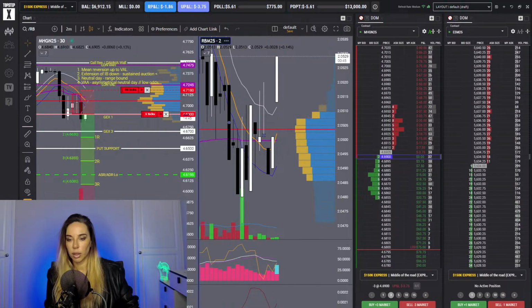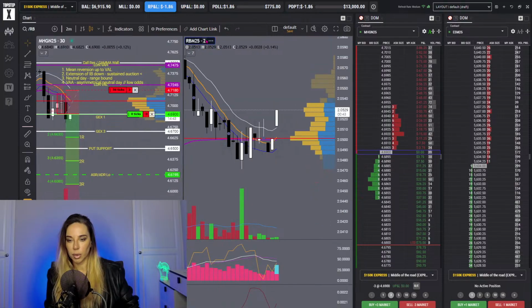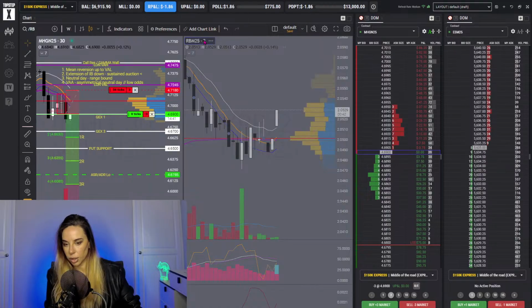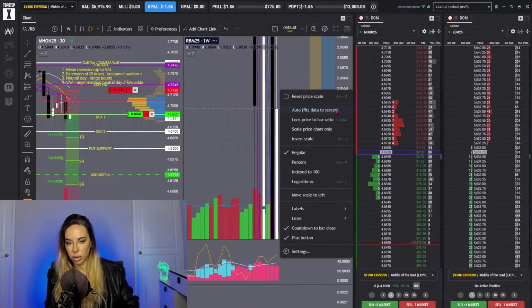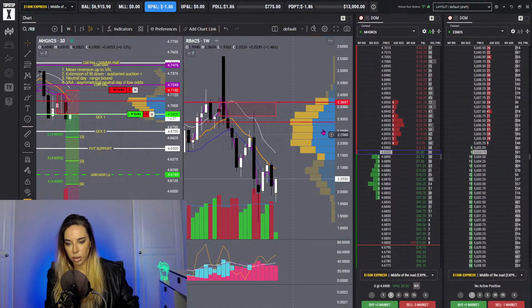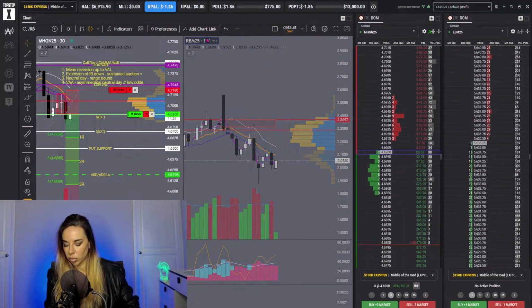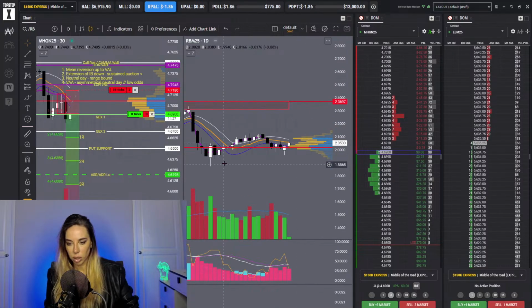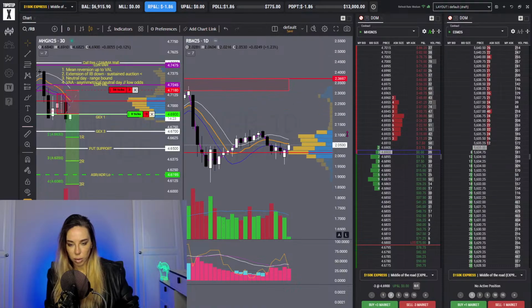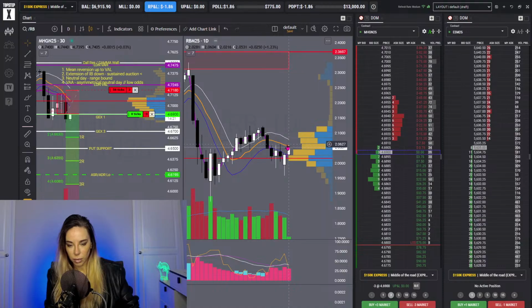I do need to drag out some levels here. So let's have a look at what that looks like from a weekly standpoint. Oh, that's nice. So we held this weekly low from like 4 weeks ago. Daily chart, again, still holding the recent low. Right now, 9 EMA is being touched.